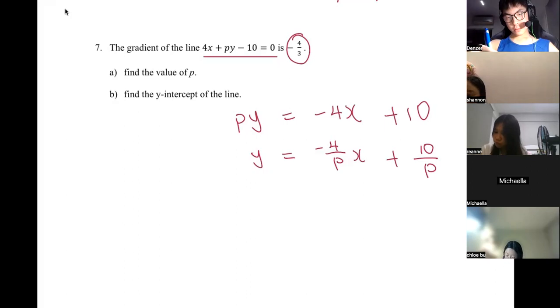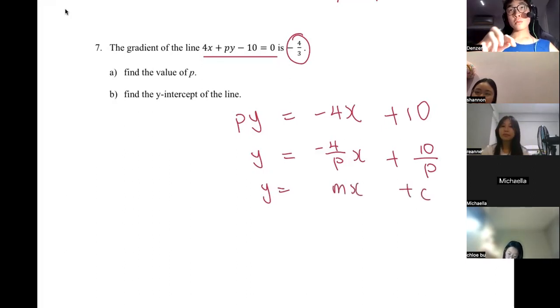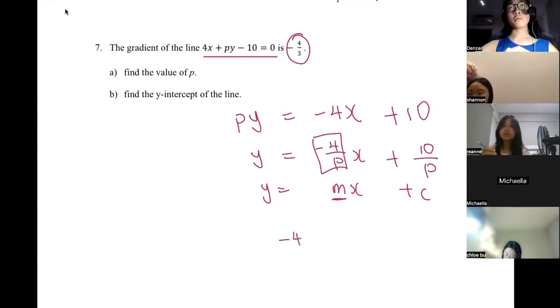Y equals mx plus c. The c? No, c is my y-intercept. M is my gradient. So in other words, this is my gradient. Minus 4 over p equals minus 4 over 3. The numerator is the same, so p equals 3. That's it.